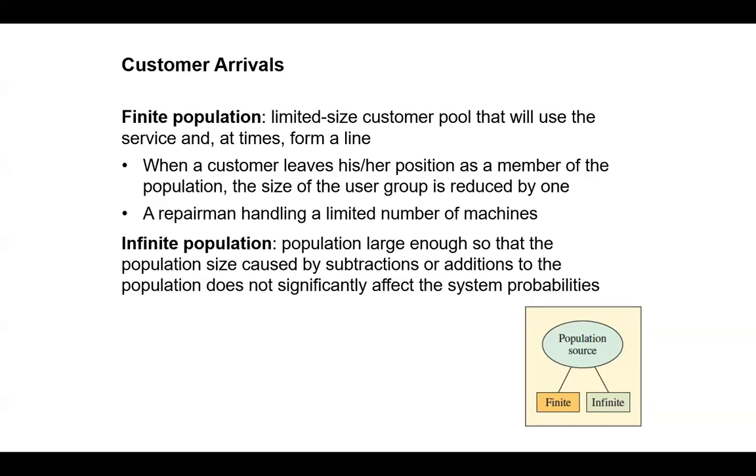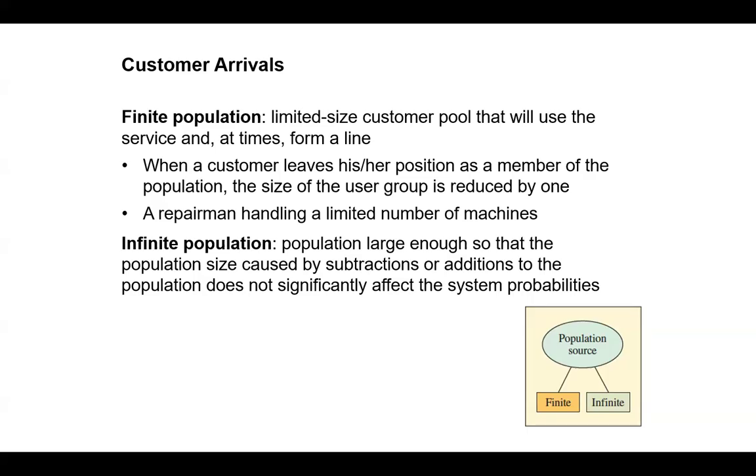For example, consider equipment, where we regard the equipment as the customers. If you have 5 or maybe 10, then if one of them is broken, it will impact your production a lot. But if you have 1,000 or maybe 10,000, then one of them being broken will not have that big an impact on the whole process.